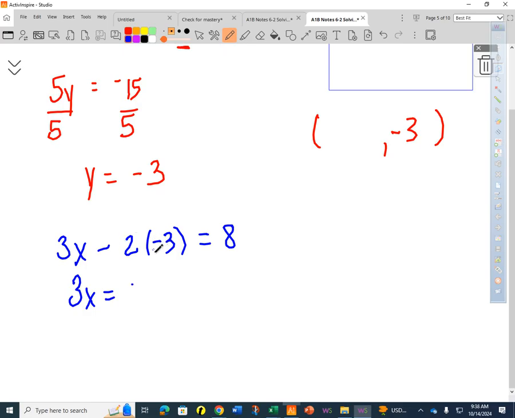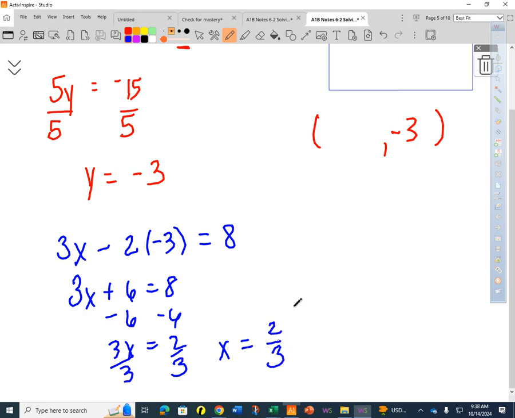Negative 2 times negative 3 is positive 6. And undo the adding by subtracting. Gives me 3x equals 2, and divide both sides by 3. Now I know that my x-coordinate is 2/3, and I'm going to put that up here in my answer.